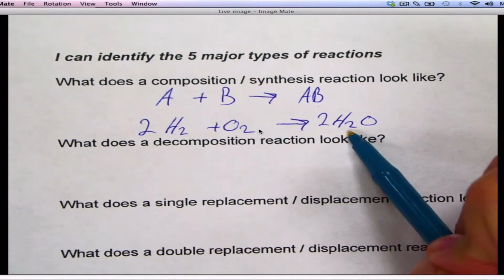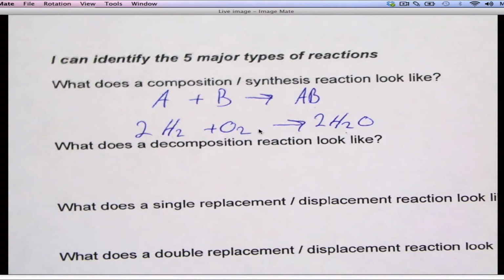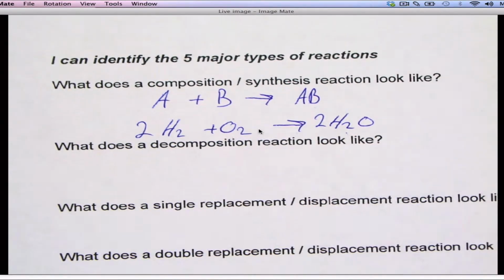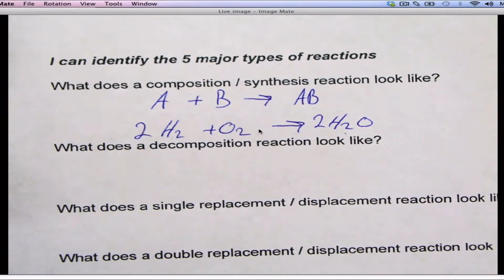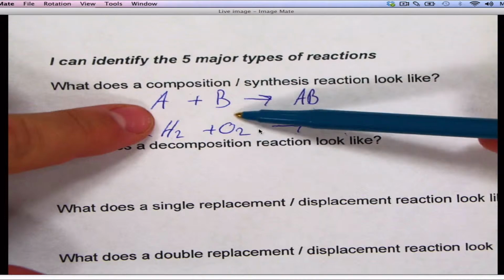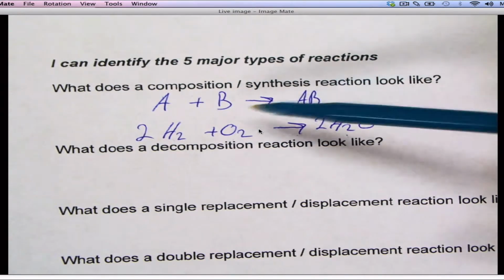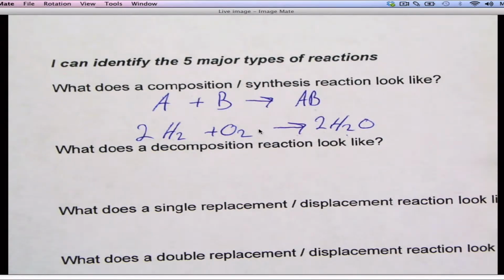All right, remember a compound is 2 or more elements made together. Now remember these are coefficients in the front, these are subscripts on the bottom. But the general form for a synthesis or composition reaction is you have the parts and they make something. Okay, they make one thing. So again, there could be more than 2 things over here. It's possible. So kind of identify what it's going to be looking like.